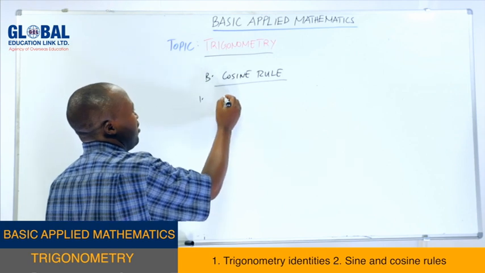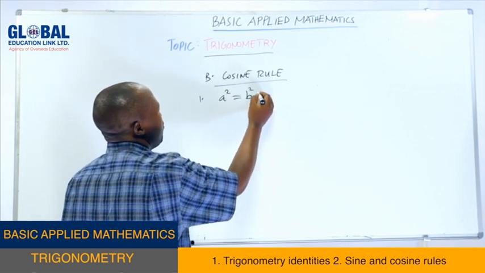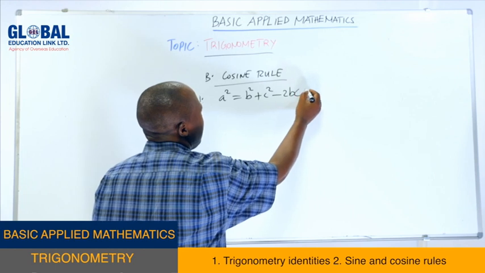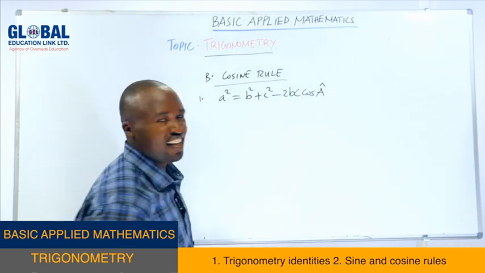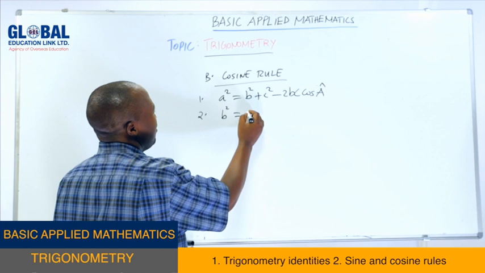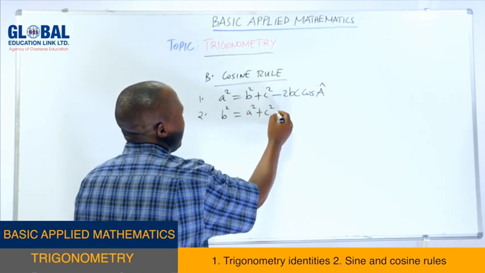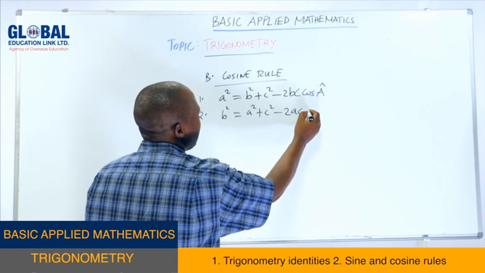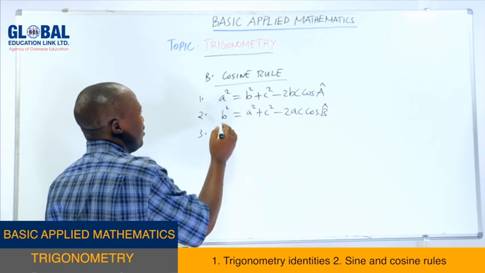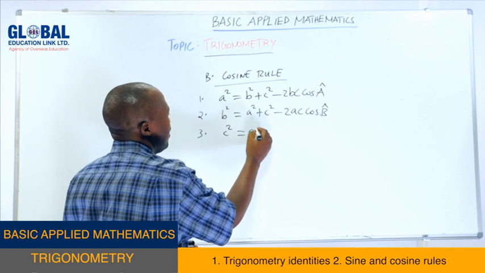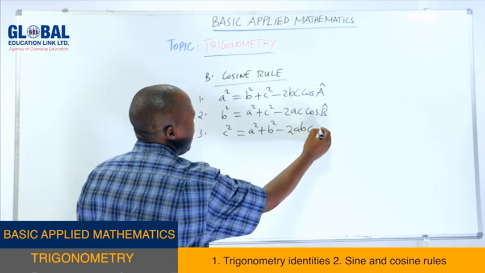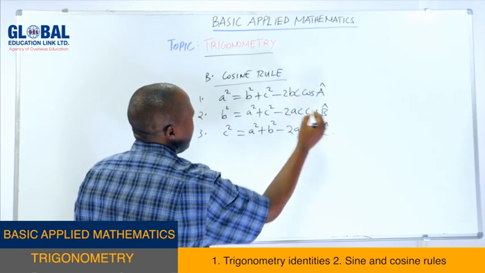Formula number 1: A squared is equal to B squared plus C squared minus 2BC cos of angle A. The second one: B squared is equal to A squared plus C squared minus 2AC cos of angle B. And the last one: C squared is equal to A squared plus B squared minus twice AB cos of angle C.